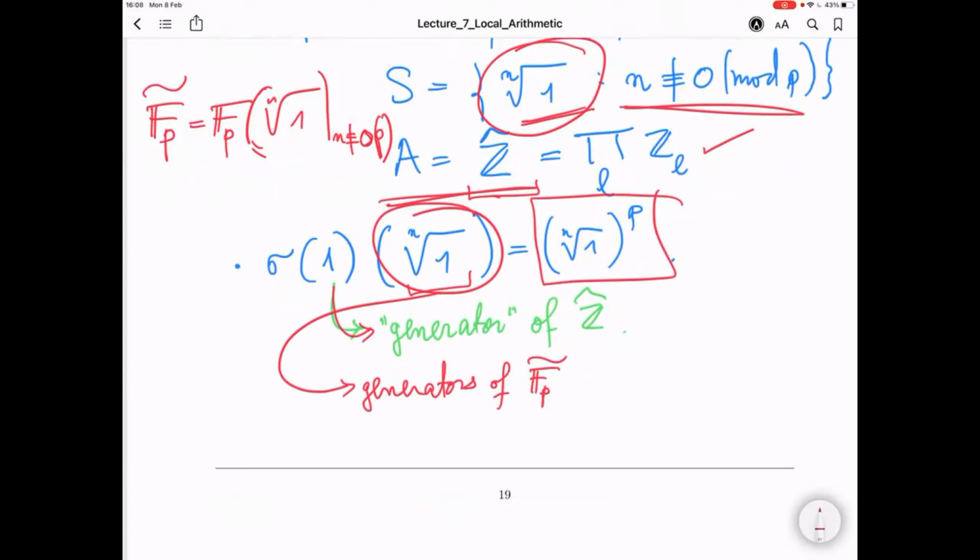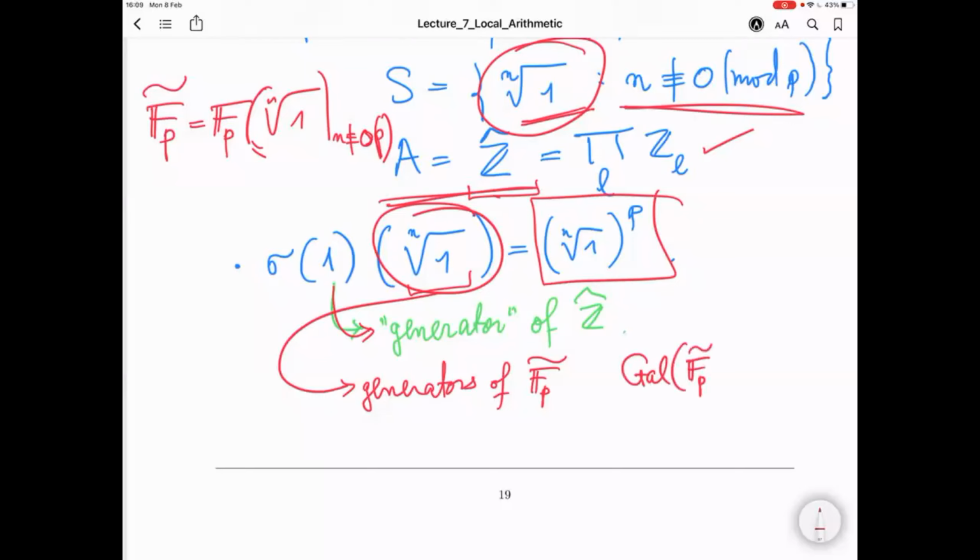So you are saying that the Galois group of FP tilde over FP is Z hat. Sorry, say it again. You said A is the known group.